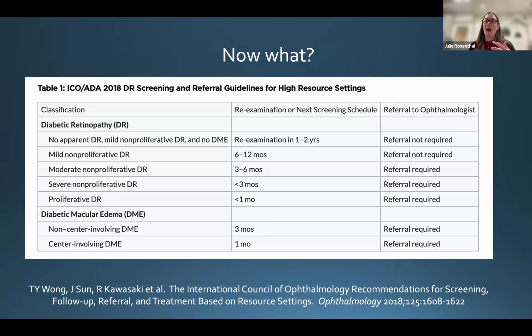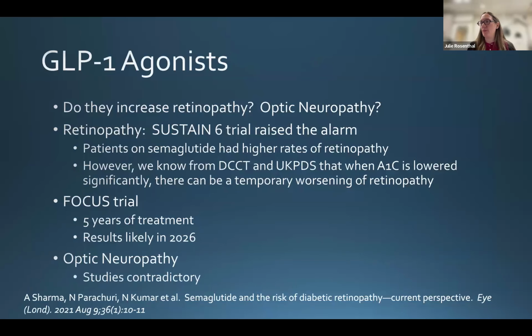You don't need to refer mild or better to an ophthalmologist, but anything more than that, moderate, severe, proliferative, should all see an eye doctor. And anyone who has macular edema on these screening tests should also be seeing an eye doctor. I'm going to go through that very quickly, but you can look this up in the International Council of Ophthalmology recommendations for screening for the actual numbers.